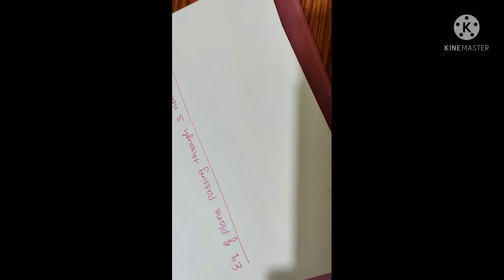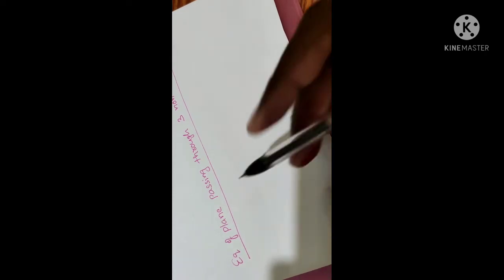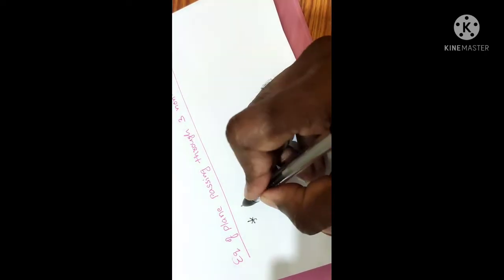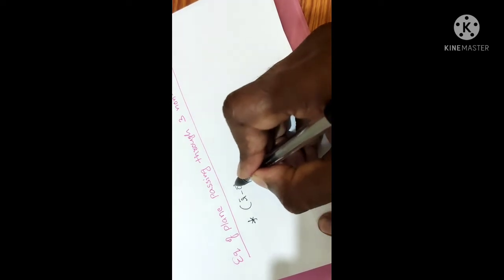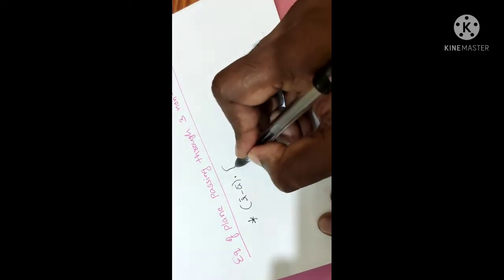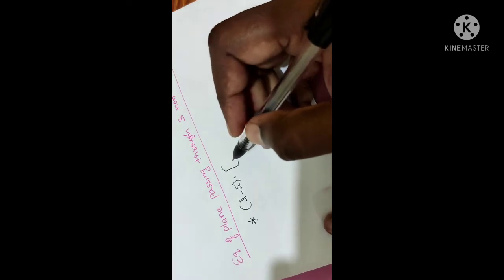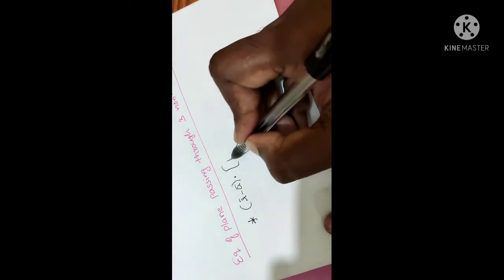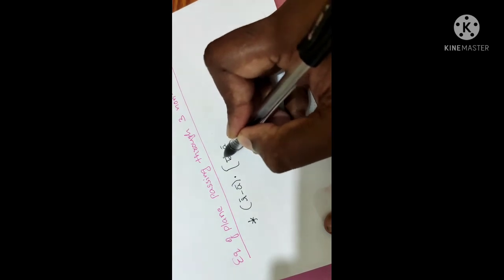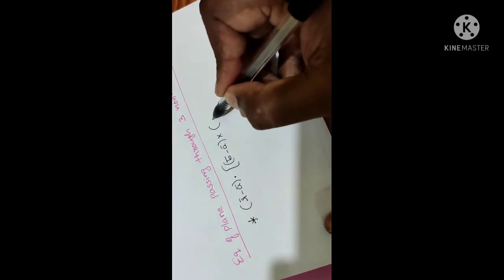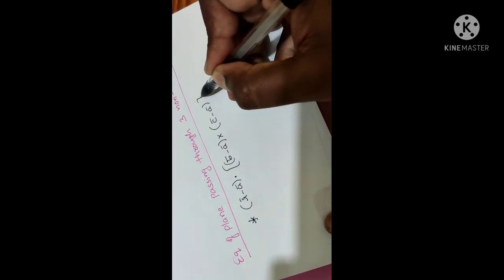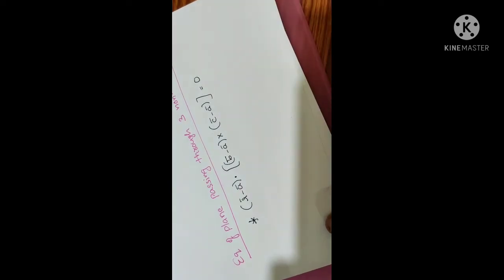For this also we have two formulas. One is in vector form, one is Cartesian form. Vector form formula: (r bar minus a bar) dot (B bar minus a bar) cross (C bar minus a bar) equals 0. Because in 3D geometry formulas are very important, that's why I am explaining the synopsis first. This is a formula for equation of plane passing through three non-collinear points.